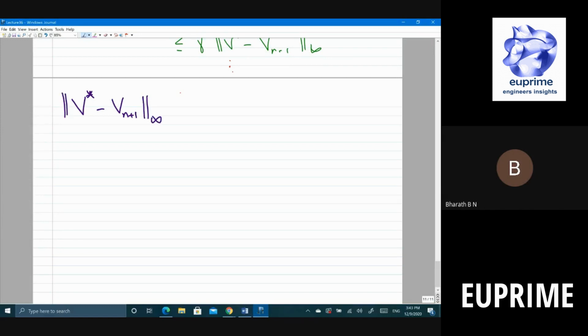So I can write this as, I'll ask you what this is. This is the norm of V star minus phi of Vn plus 1, infinity norm, plus phi of Vn plus 1 minus Vn plus 1. How do you get this?